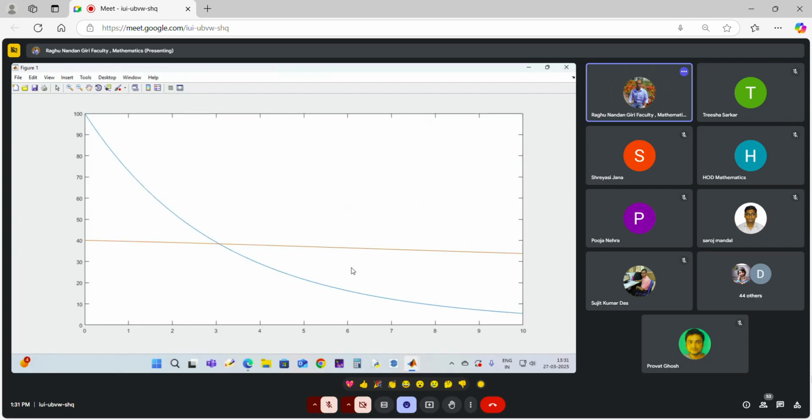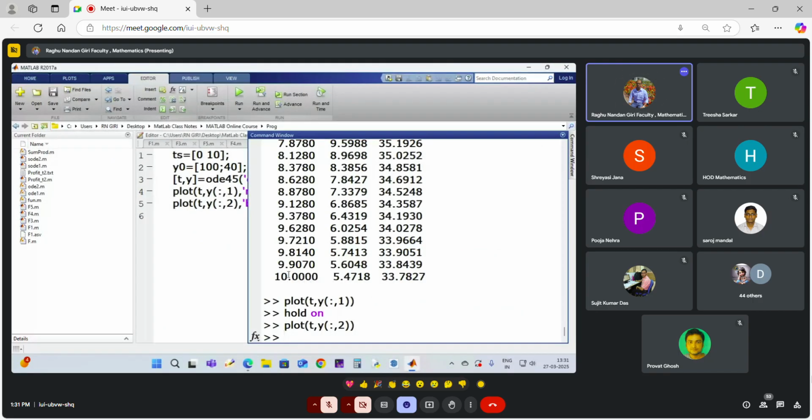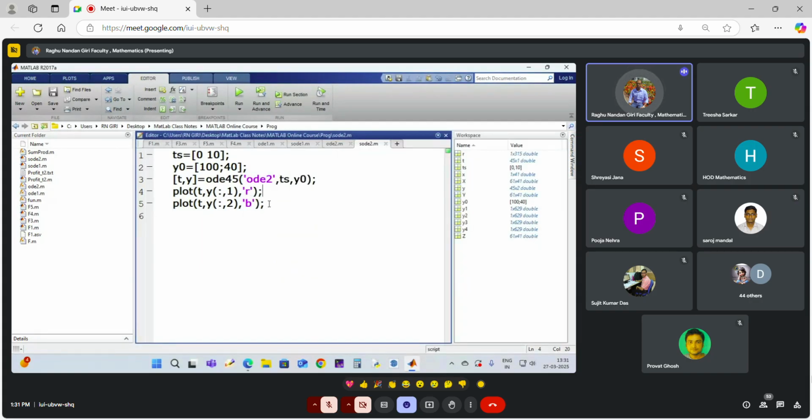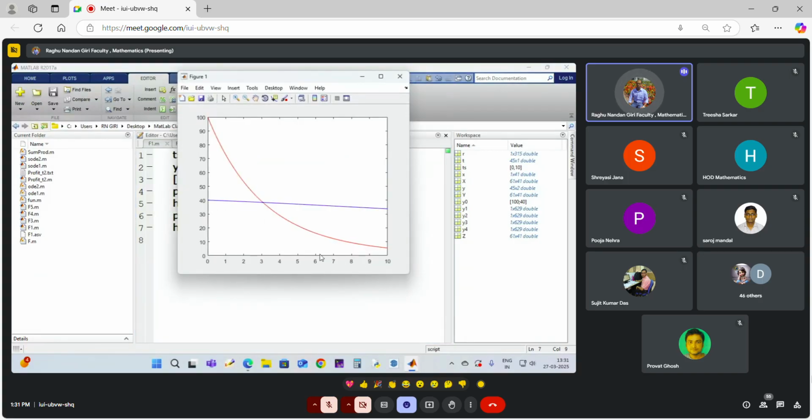One is the blue-red color, one is the orange color. So these two graphs must come in the same way. Also, okay, hold on. This is the mistake. So that's why, hold. Okay.